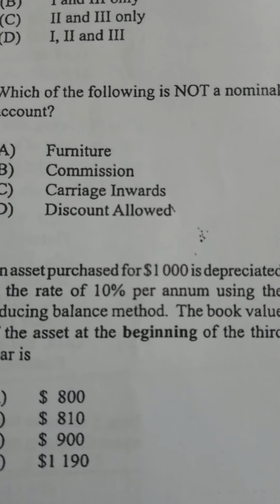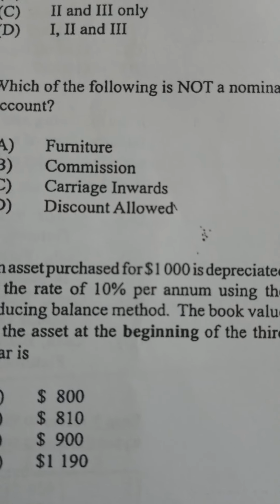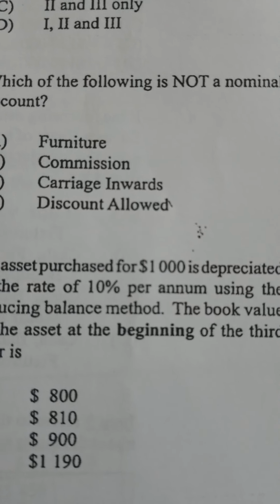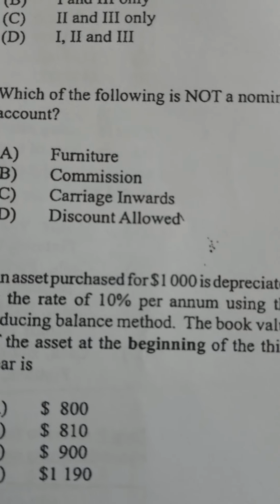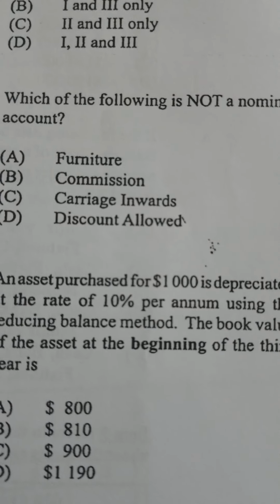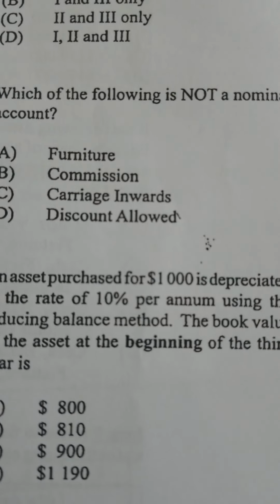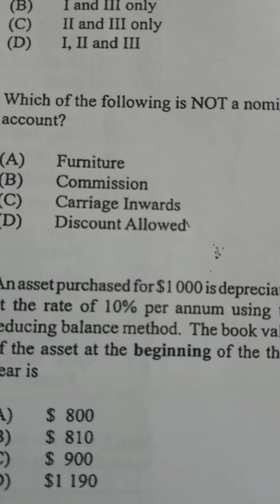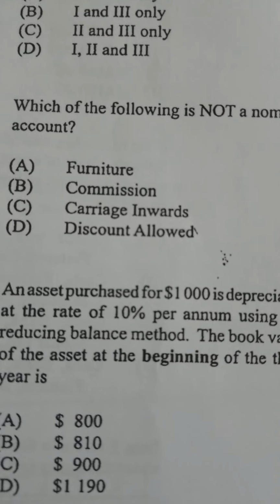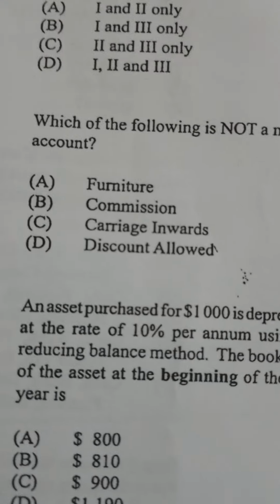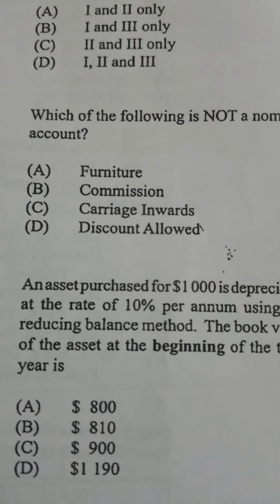Remember, with reducing balance, you find the depreciation percentage from the book value, not the cost of the asset. How do we find book value? It is the depreciation subtracted from the cost of the asset.